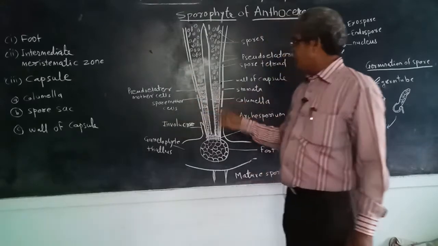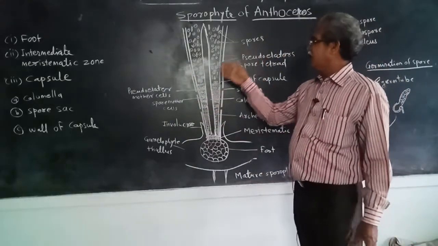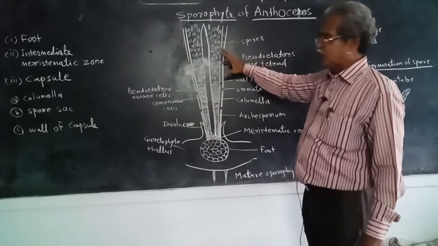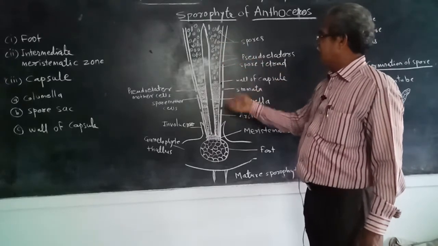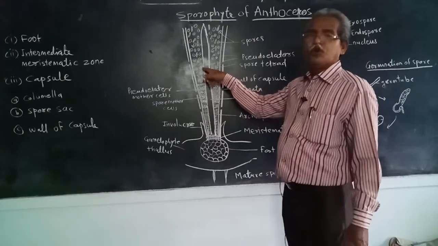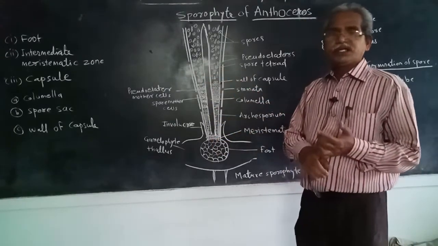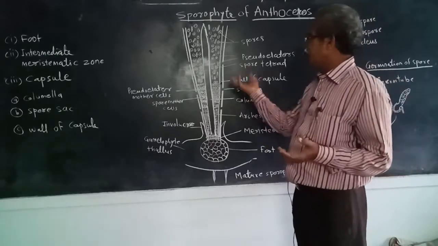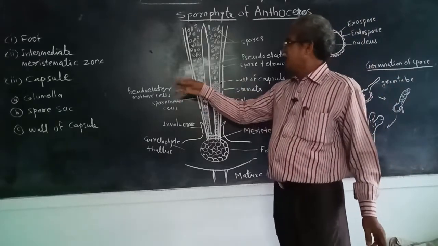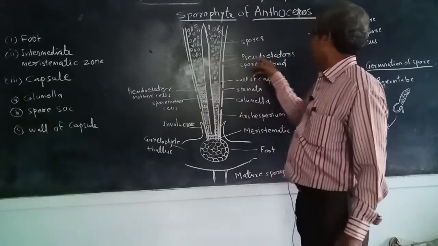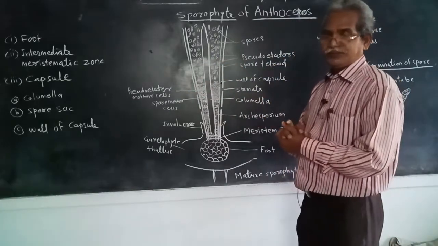The spore mother cells, in the upper part of the capsule, undergo reduction division to form spore tetrads, while the pseudo-elater mother cells directly give rise to pseudo-elaters.